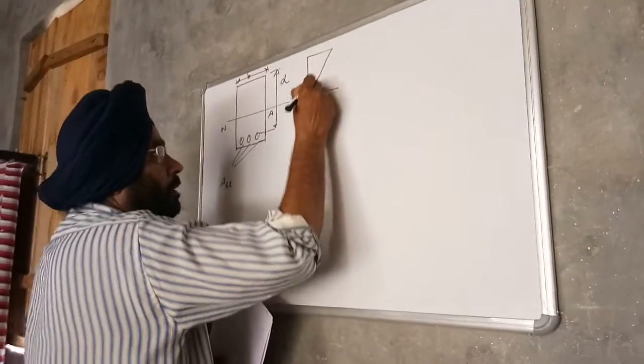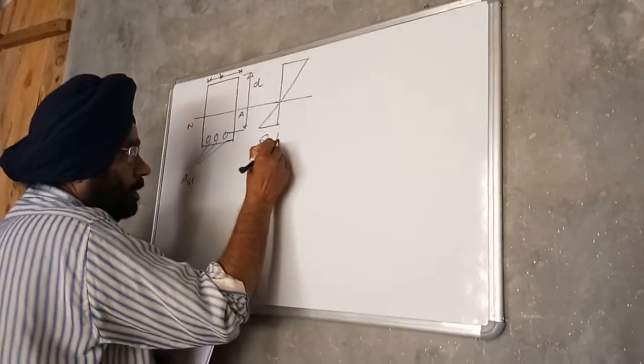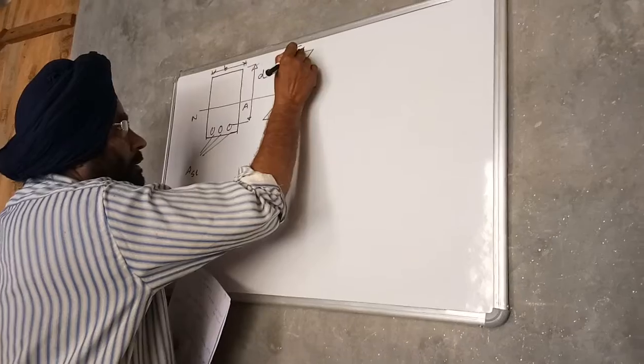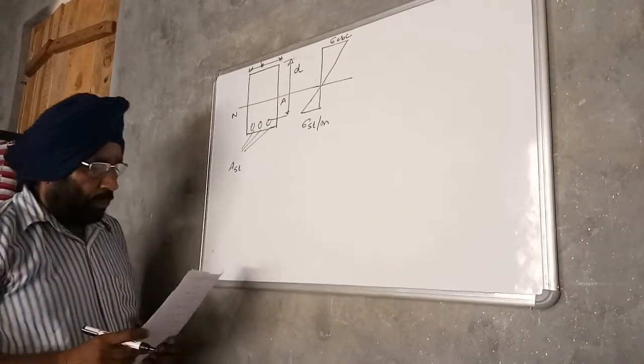See the stress diagram. This is sigma st upon m and this is sigma cbc. This is the cross section of the beam.